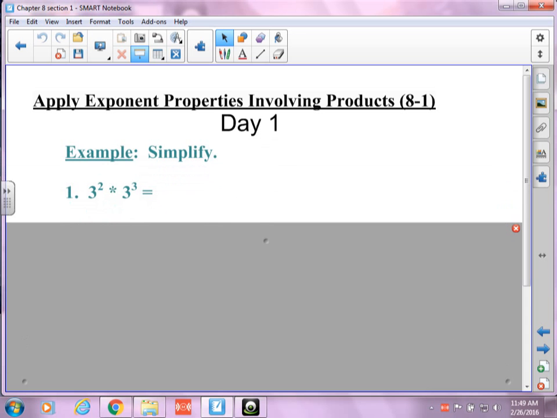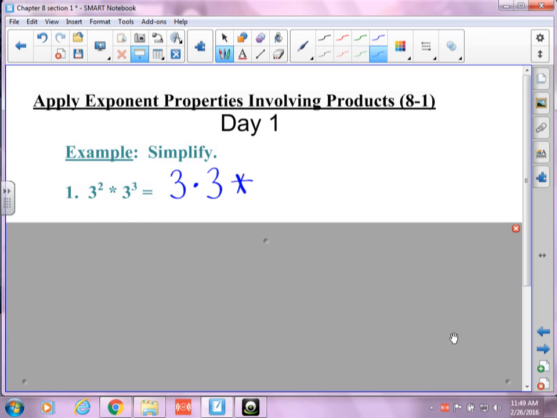So first of all, let me take a look at this. If I have 3 to the second power, that means there's 2 3s. So it'd be 3 times 3. And then 3 cubed is 3 3s, so it's 3 times 3 times 3.